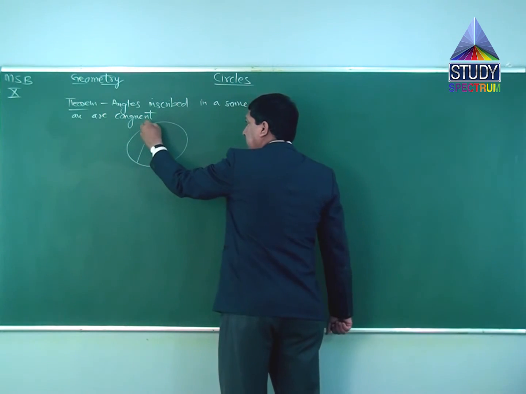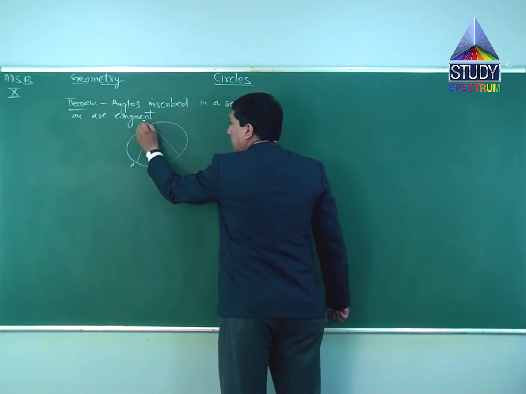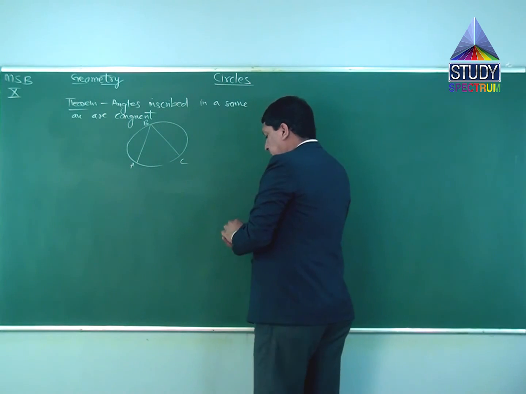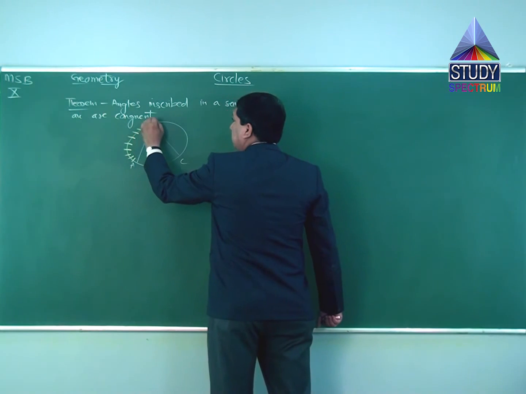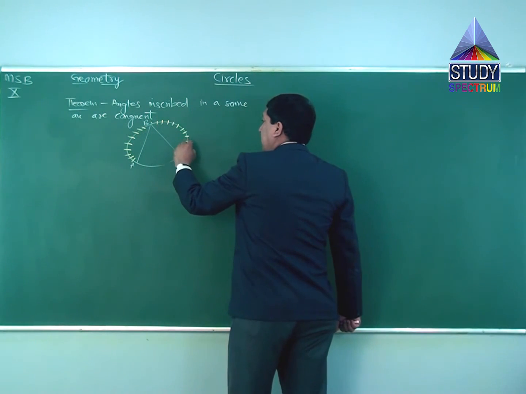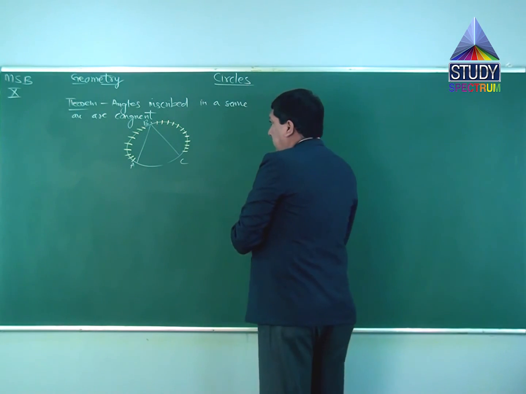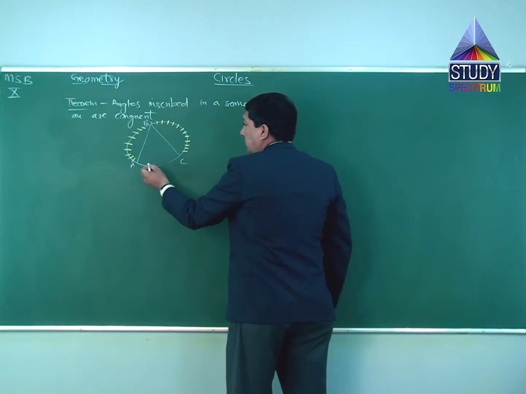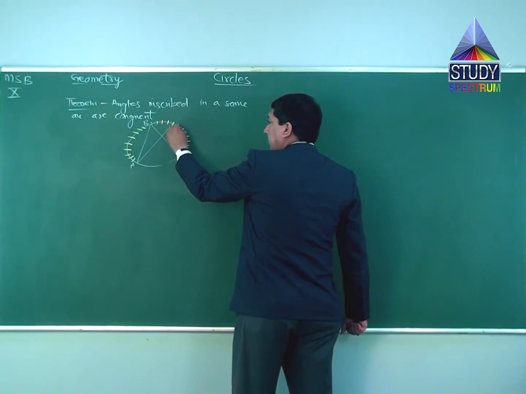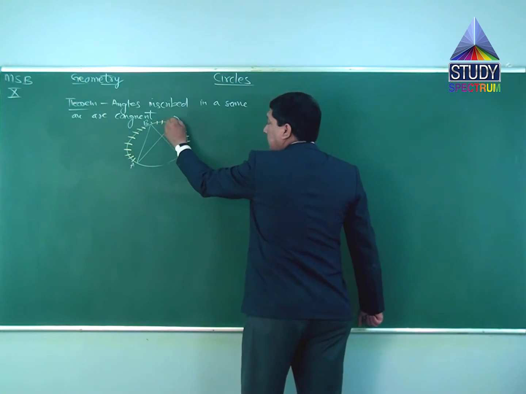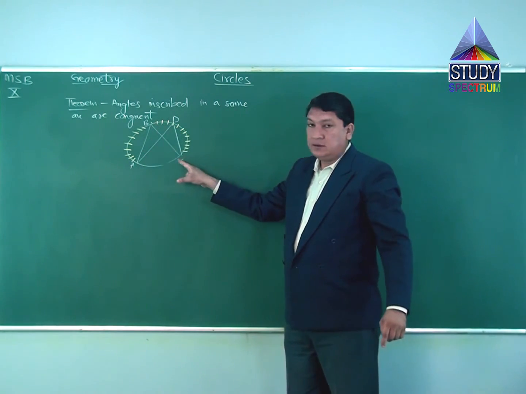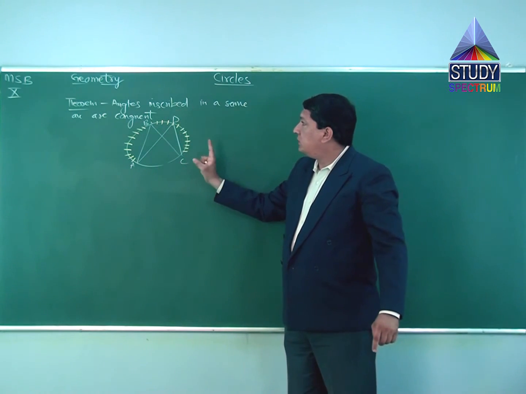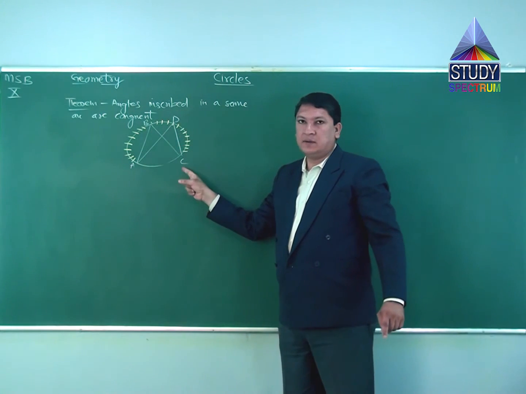This is one angle, ABC. Now if you observe, this angle ABC is inscribed in arc ABC. If I take one more angle, ADC, you can make out that angle ABC and angle ADC, both the angles, are inscribed in the same arc.